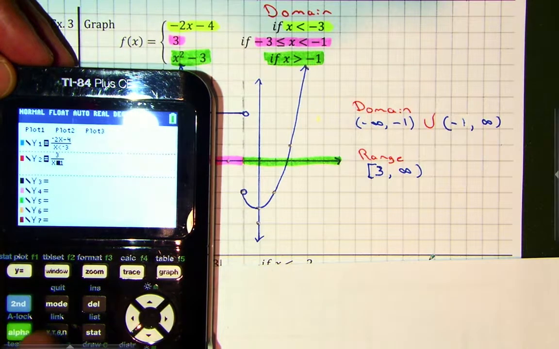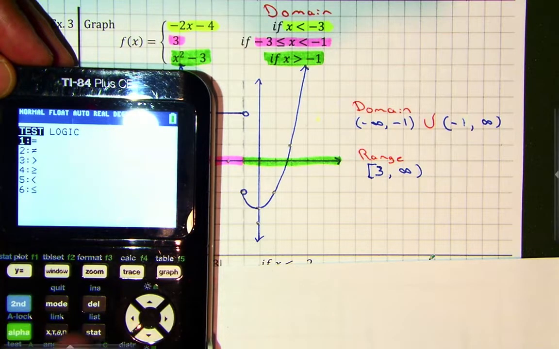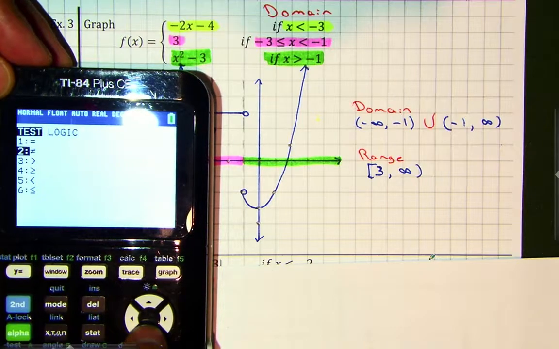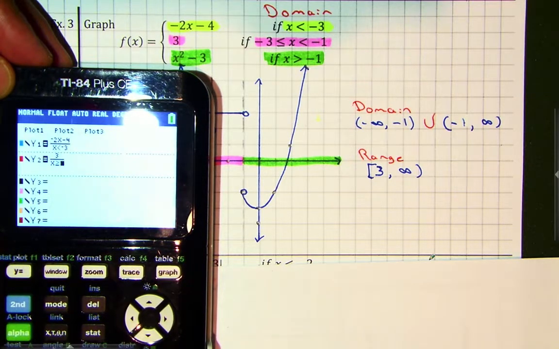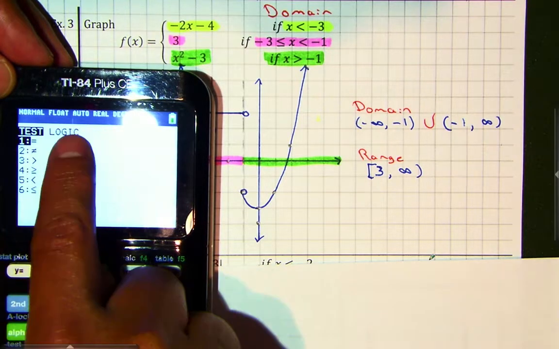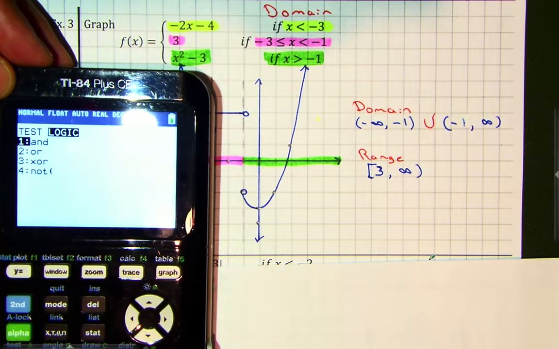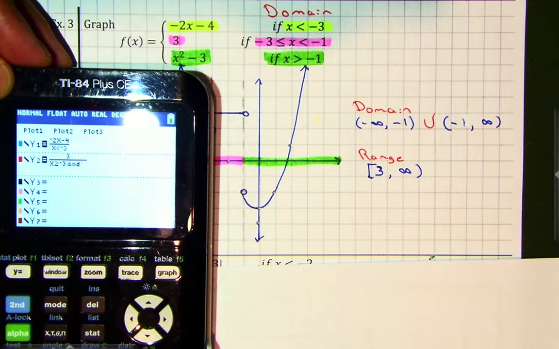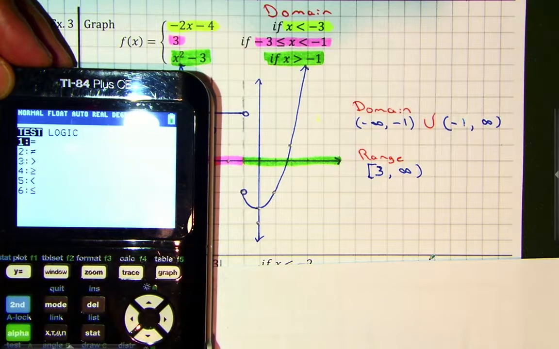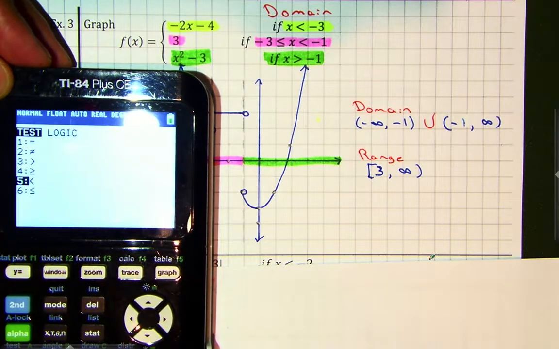When x is greater or equal to, so I'm going to go to my math. Under my test, I'm going to select greater than or equal negative 3. Now I'm going to say an and, so I'm going to go under my test again. And on the right, you'll see the logic. I'm going to select and that'll be x is less than negative 1.